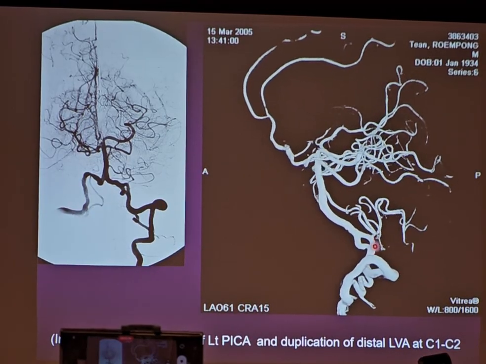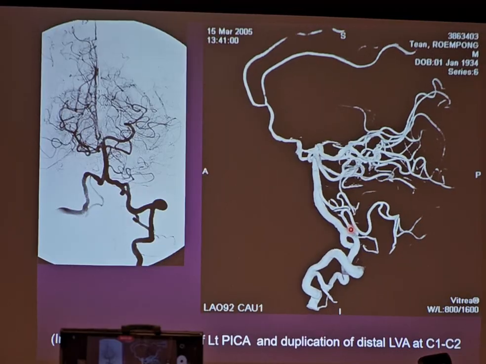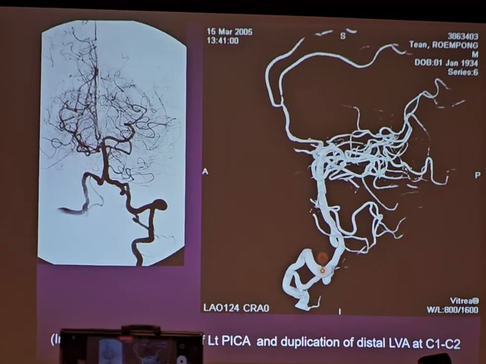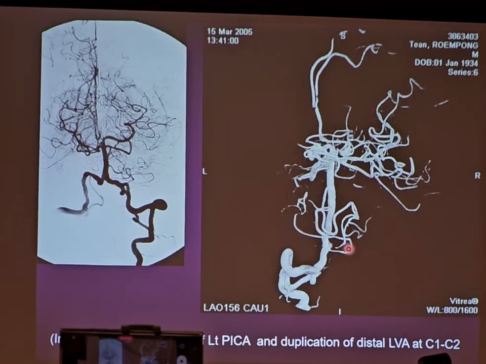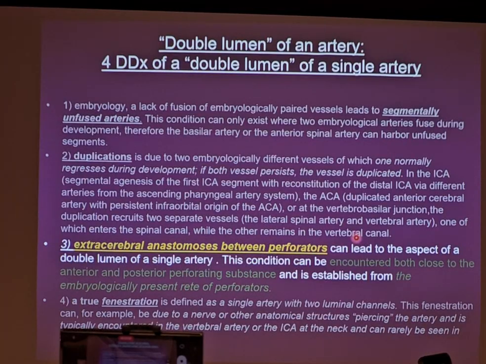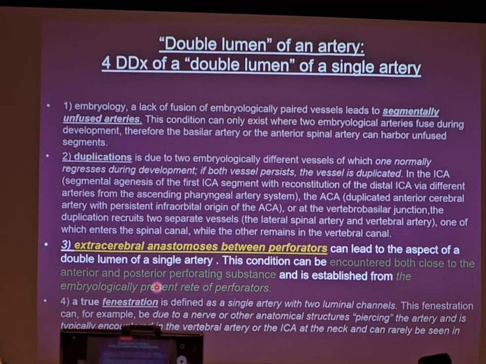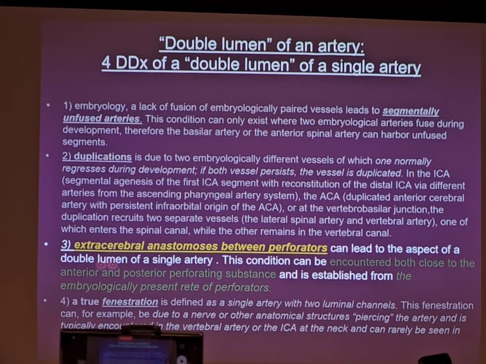Again, you can call it double origin, but actually it's a kind of duplication of the artery, which persists as a channel. Okay, number three, we propose that in some special locations, the two holes arise from extracerebral anastomosis between perforators, which can lead to the appearance of a double lumen in a single artery.